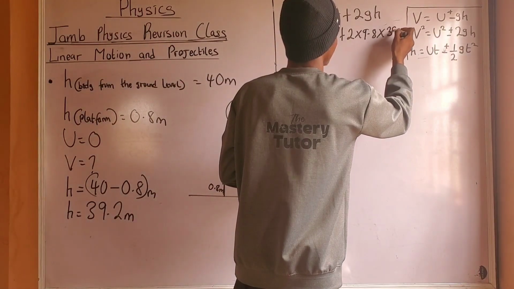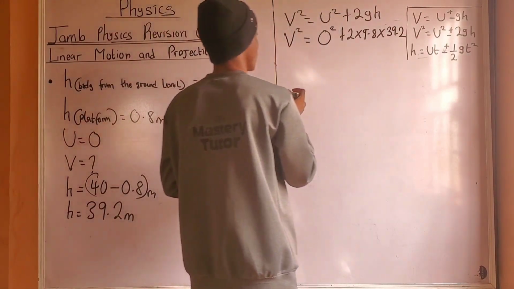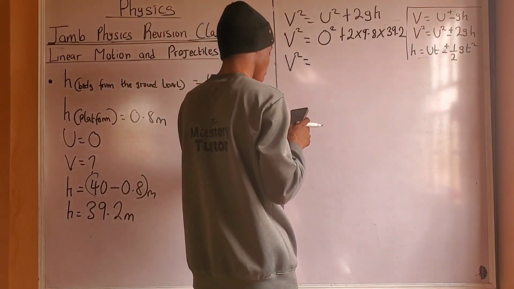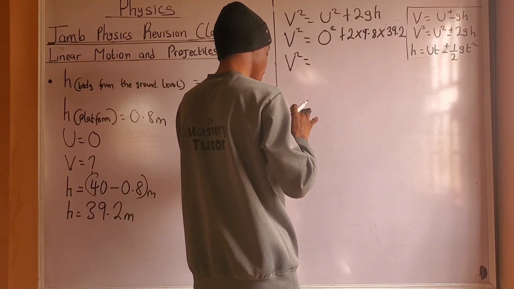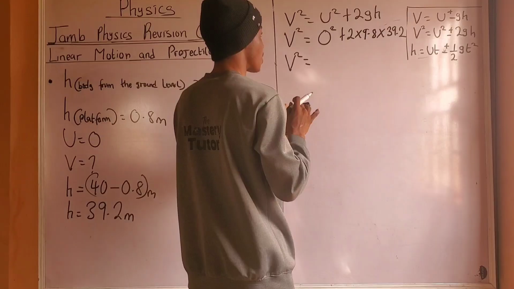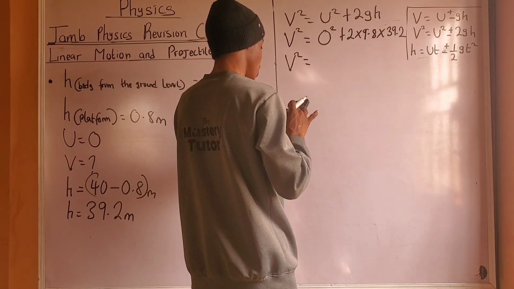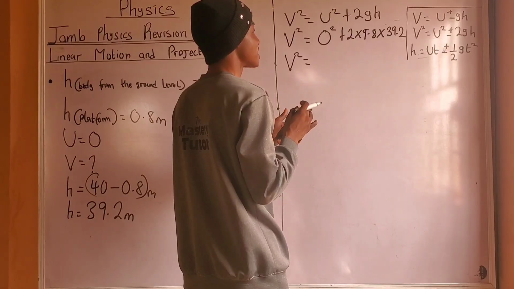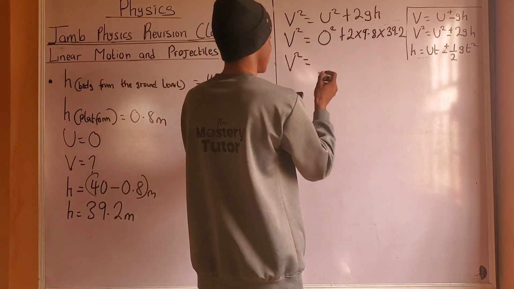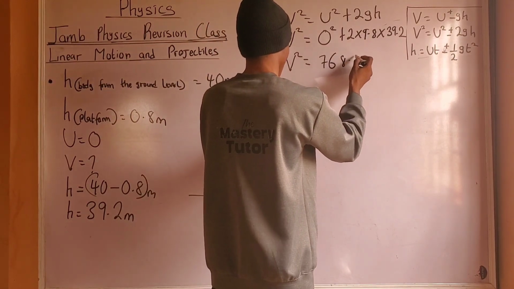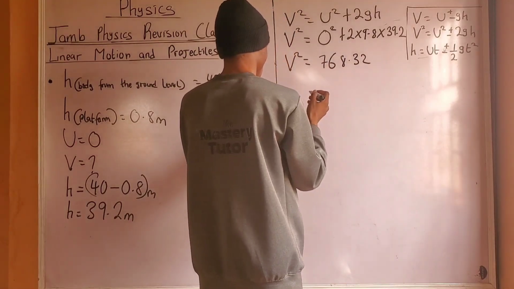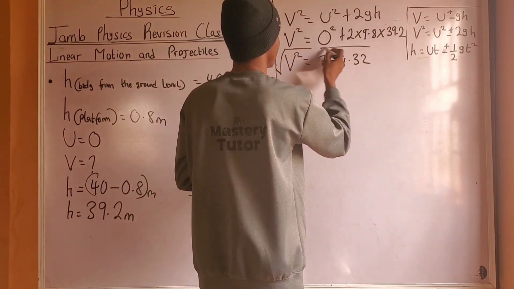V squared equals, now punch your calculator, 2 times 9.8 times 39.2, that is 768.32. So take the square root of both sides.